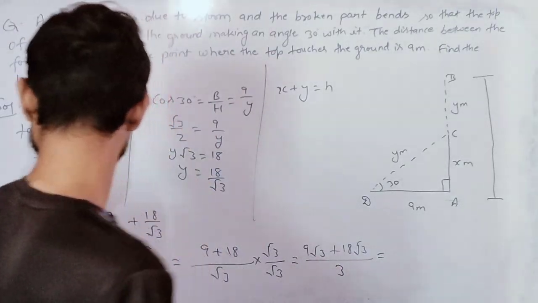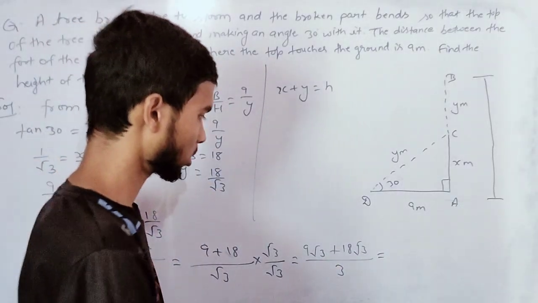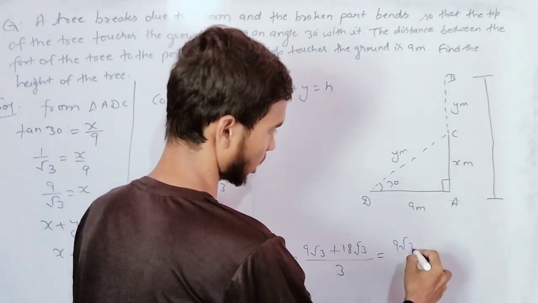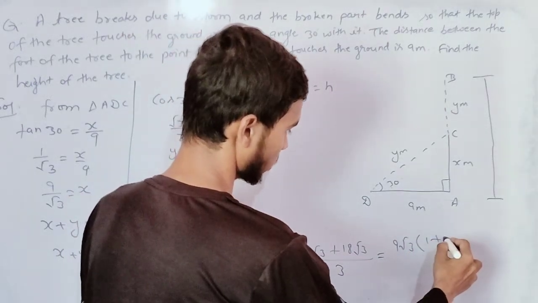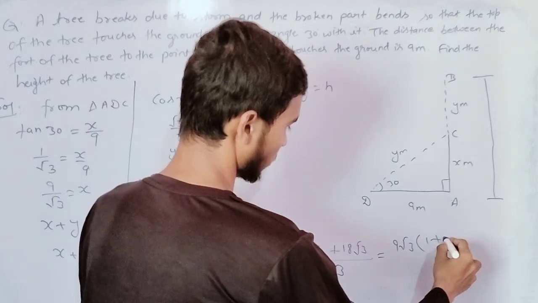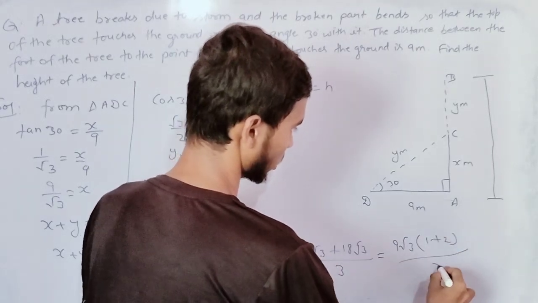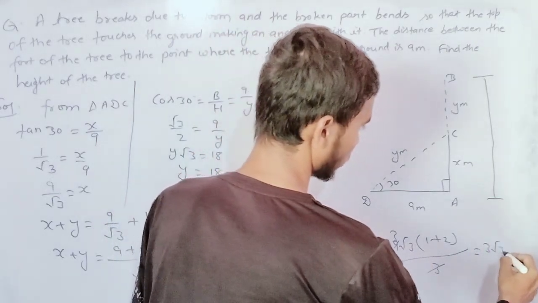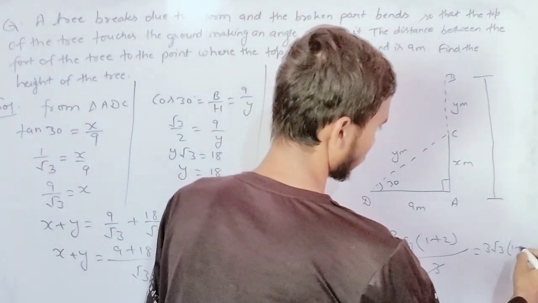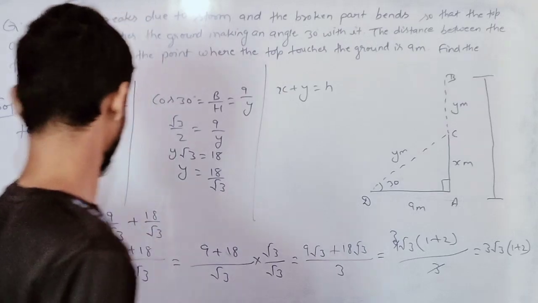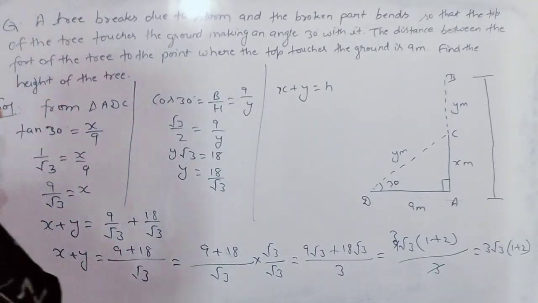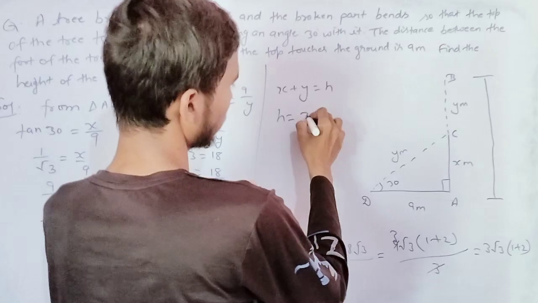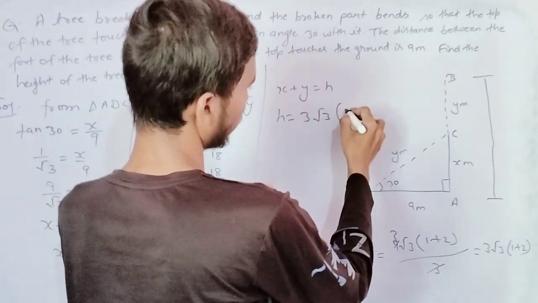Here 9 is common and root 3 is common, 1 plus 2 upon 3, and 3 threes are 9. So 3 root 3, 1 plus 2. Finally we can say h is 3 root 3 times 3.